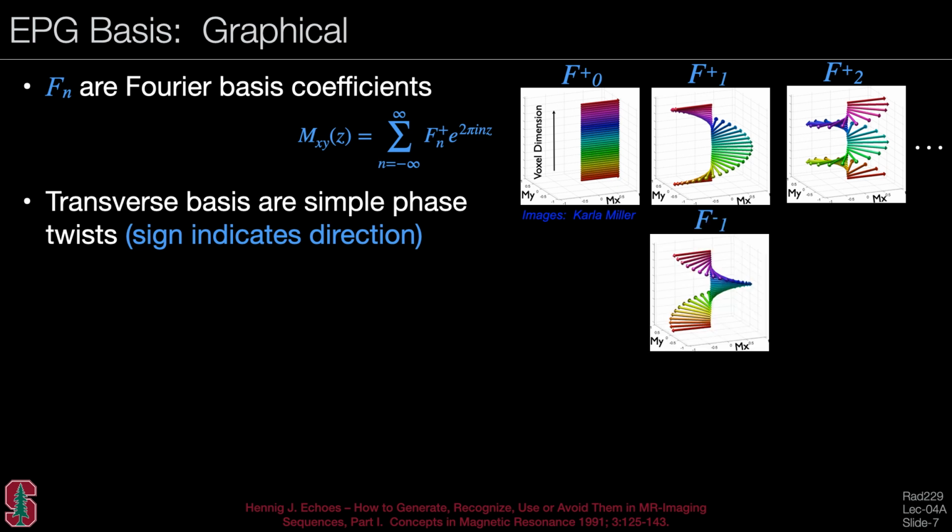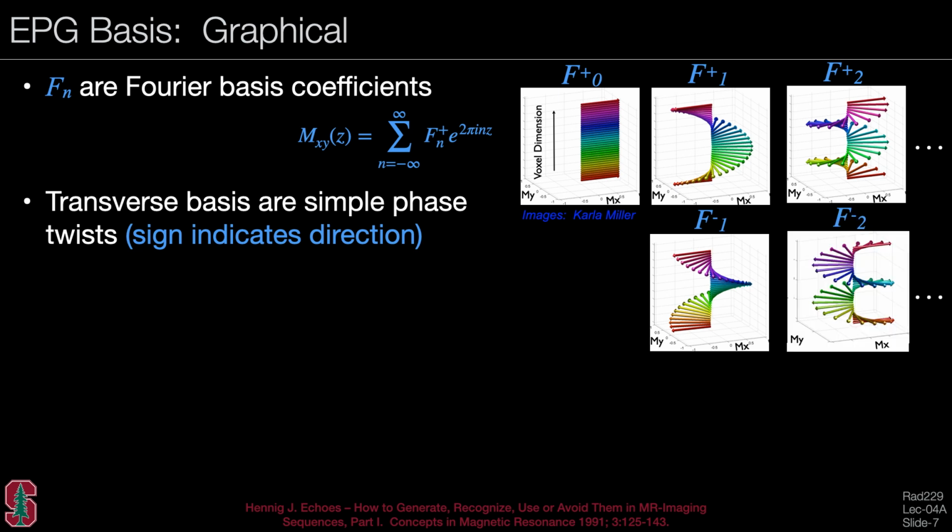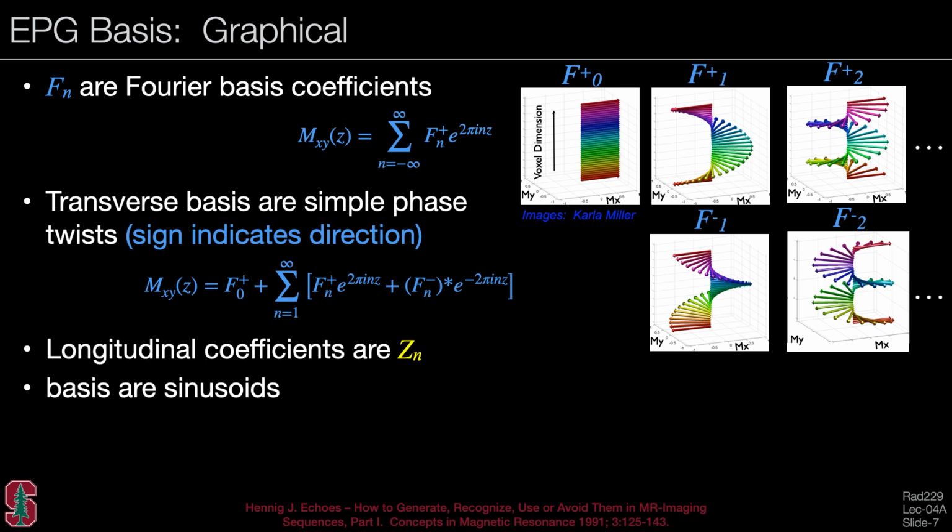So we can now look at the f minus states, f minus sub 1, f minus sub 2, and so on. And now we can write this transverse magnetization again as a Fourier series, but we carefully pull out the DC coefficient here. The longitudinal coefficients are called z sub n, and the basis here are sinusoids instead of twists.